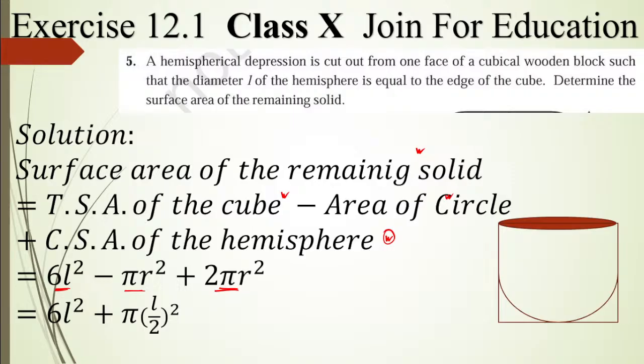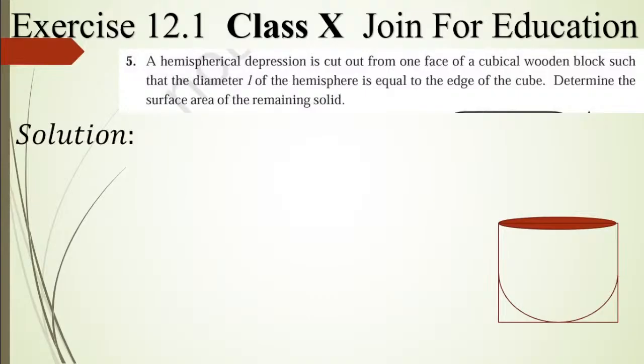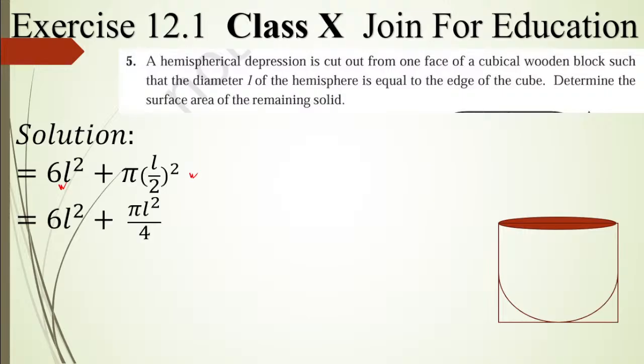So the value of r is L by 2. So I have written here L by 2 to the power 2. So 6L square plus pi L by 2 whole square, this one will be 6L square plus pi L square by 4.